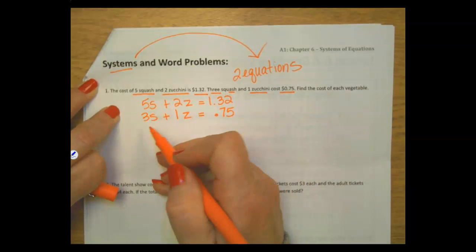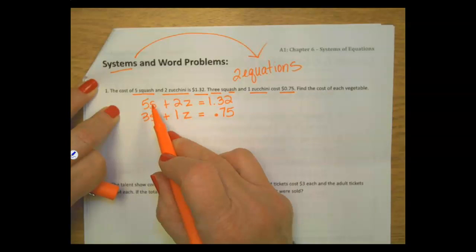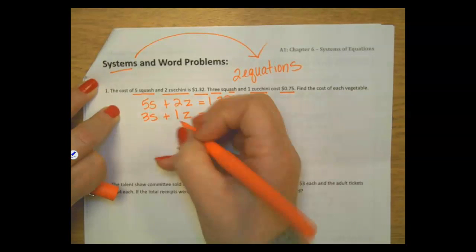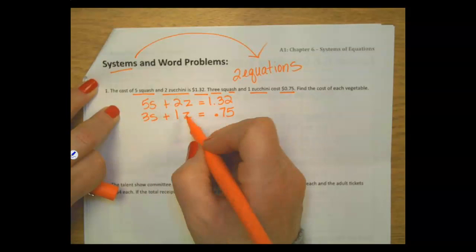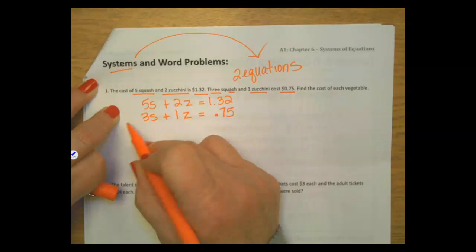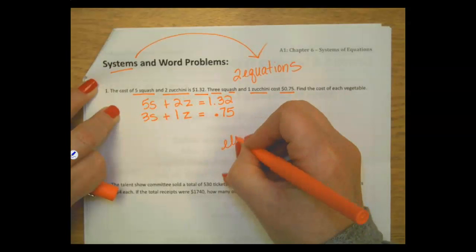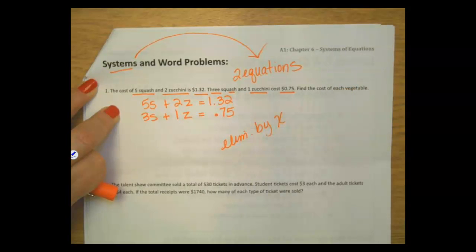Now, we could actually solve this system and solve how much it costs for your zucchinis and your squashes. So on this one, I would have to use elimination by multiplication because I would want to multiply this whole thing by probably a negative 2. So elimination by multiplication, or you could graph it out to see how much each vegetable costs.